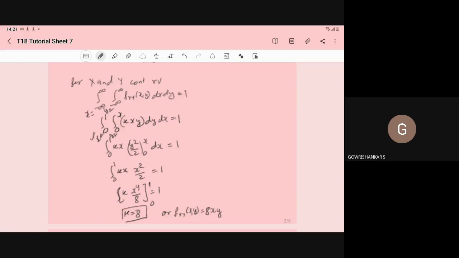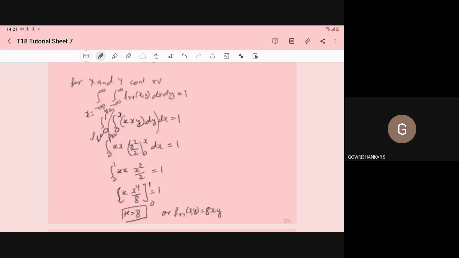Fxy is given as kxy, and first we have to integrate with respect to y. So here we have written dy, then you have to integrate with respect to x. It will become kx, and the integration of y dy will be y square by 2, with limit 0 to x. When we put the limit 0 to x, it will give you x square by 2.